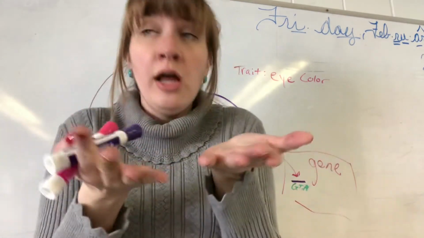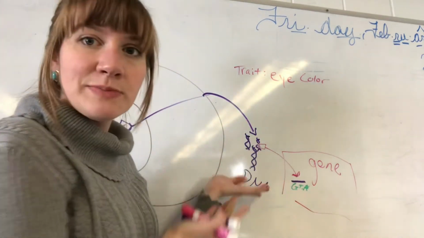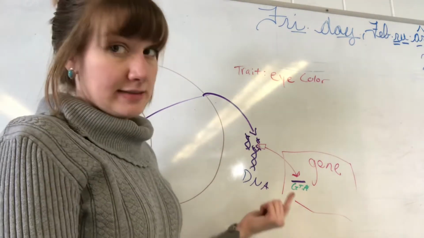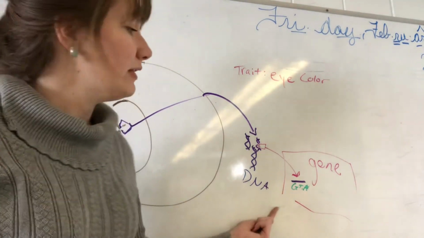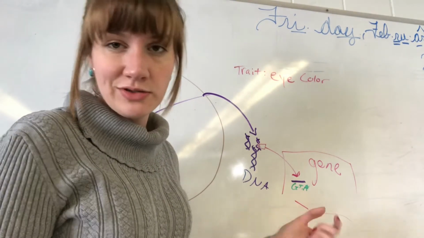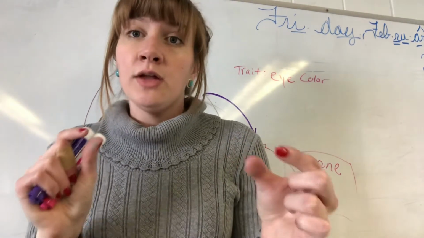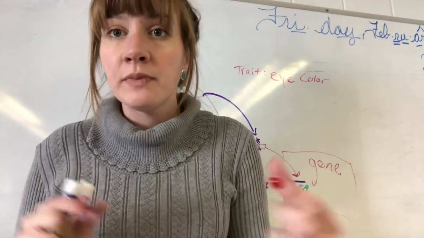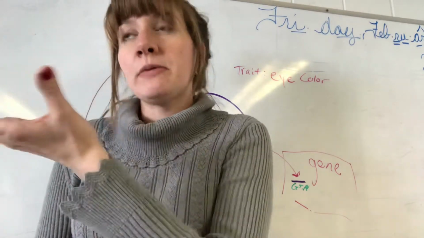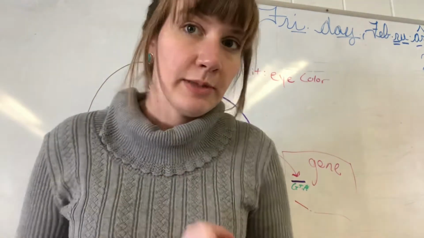A blue hydrangea and a white hydrangea are both hydrangeas, so their DNA must be similar enough that it's giving you the same shape plant. The same plant reacts the same way to sun and water and everything. But the genes are different because they're getting different colors. So there are little parts of the DNA from a blue hydrangea and a white hydrangea that are different. That little part of the DNA is the gene, the code that tells you how something looks different, which explains the differences within plants.